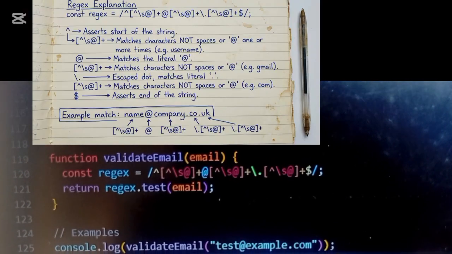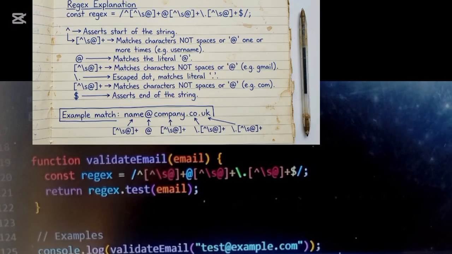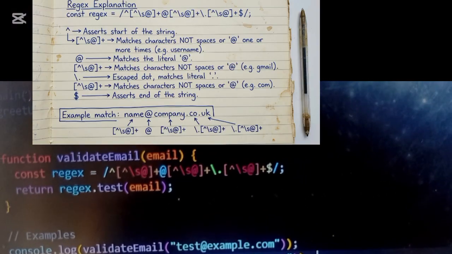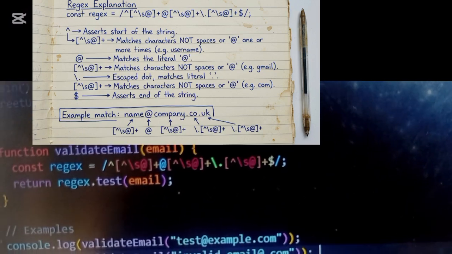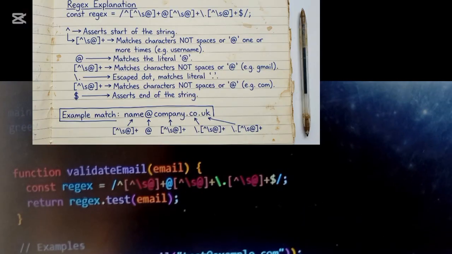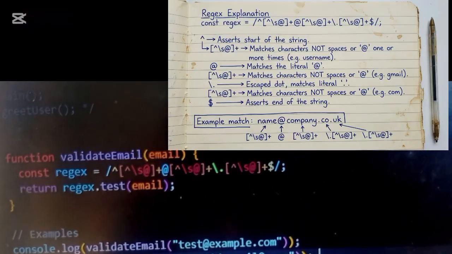Then const regex equals to... I would like to explain that this regular expression is sometimes tricky and confusing, but on your screen I think you can see the proper explanation of it.